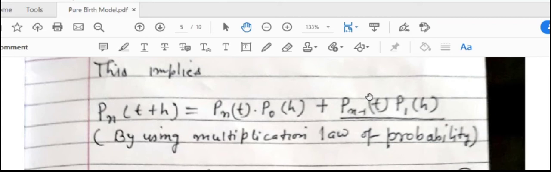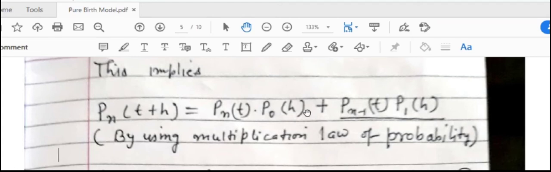So we have only two possibilities: probability of n arrivals during time t, and probability of no arrival during time h. So P0(h) and Pn(t), by the multiplication law of probability, because I already told you that arrival of n customers during time t is one event and arrival of no customer during sufficiently small time h is another event, but they are happening simultaneously, and therefore these events are known as compound events.